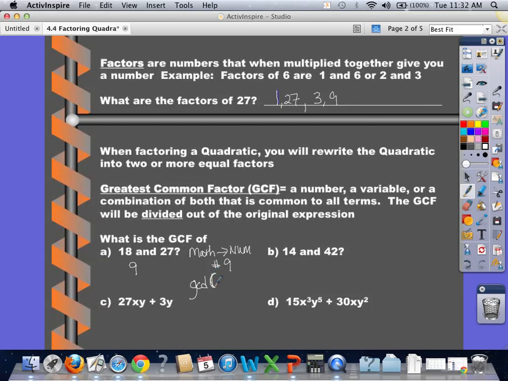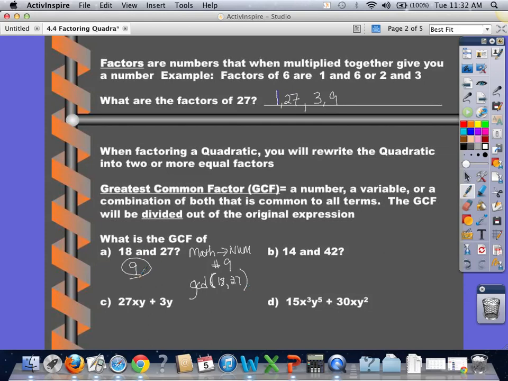You can only type two numbers at a time, no letters. Type in 18, then a comma, which is right above your 7, then your other number, 27, and close it off. It'll tell you what the GCF is. So let's do it. Math, num, 9, and then 18, comma, 27, and we get 9.